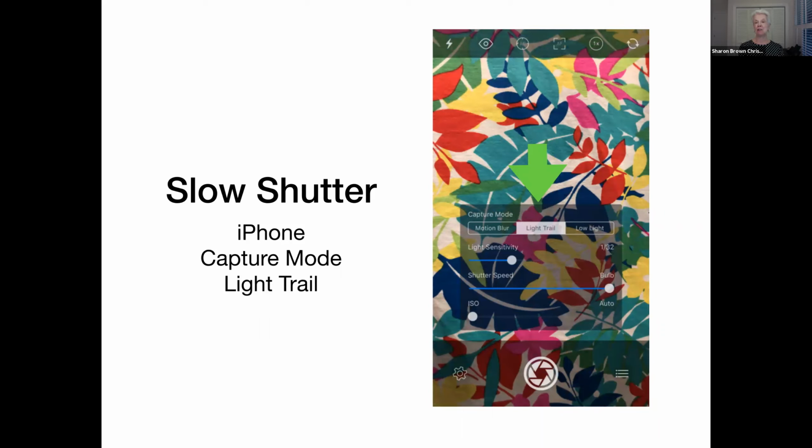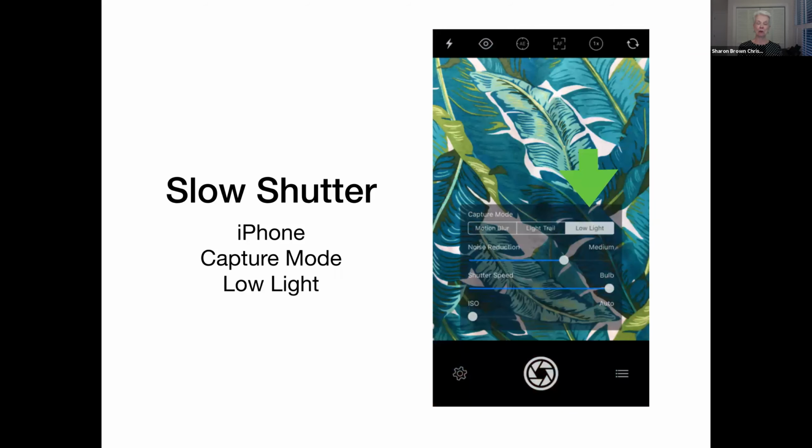And again, you can adjust the light sensitivity as well as the shutter speed and the ISO to determine the light trail that you want. Or finally, there's a low light setting, which enables you to adjust noise reduction as well as shutter speed and ISO. So it's a great app for photographing motion and working with blur.